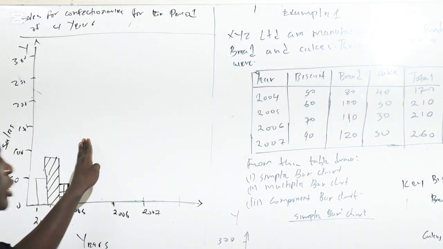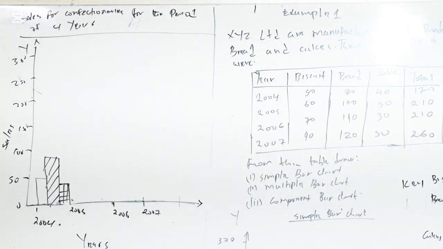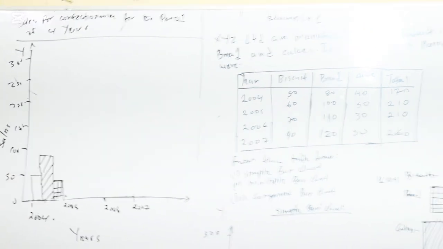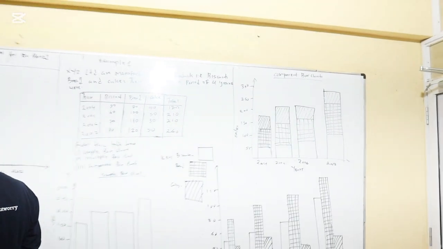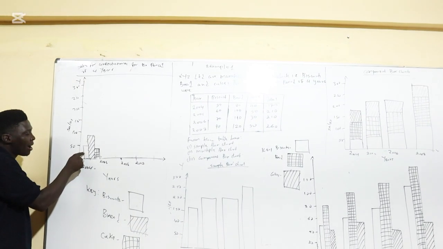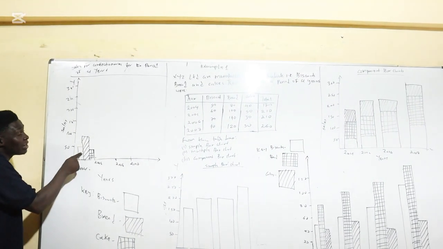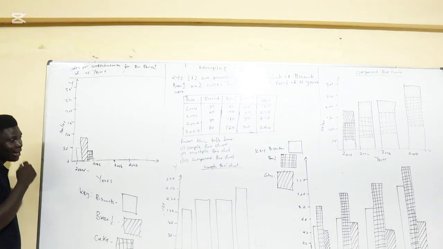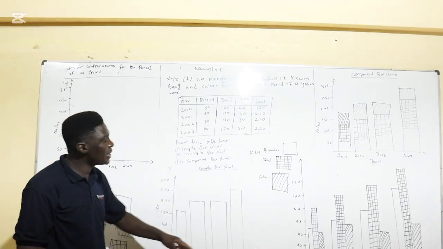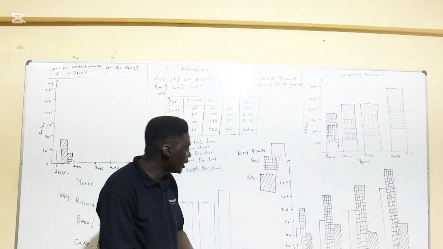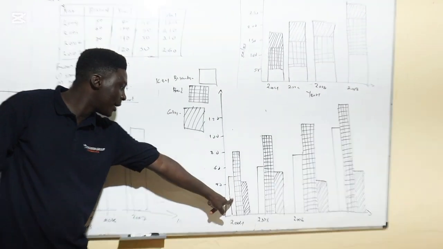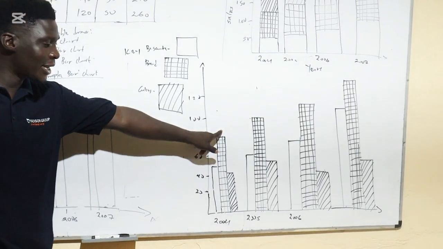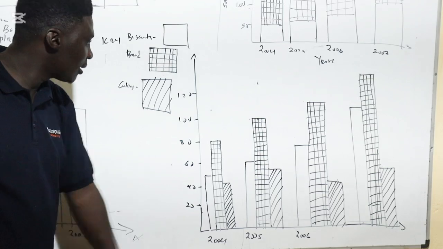So you see, now see the difference between multiple and what? Component. With the component, we subdivide into the same bar. But with multiple, each and every product will have its own bar. This is the difference between the component bar charts and the multiple bar chart. As I've drawn here, you can follow it keenly. Each and every component has its own bar. So the first one is for the biscuit, followed by the bread, then cake.